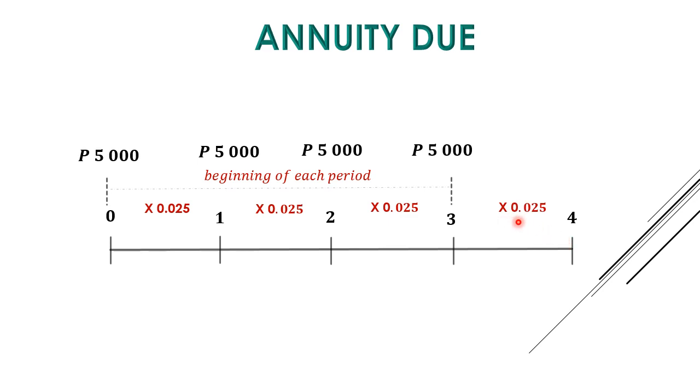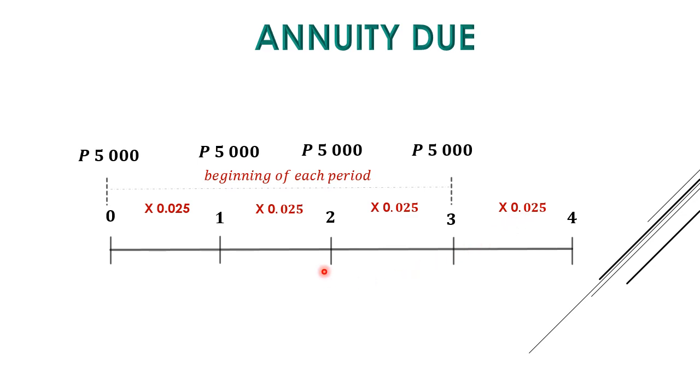Unlike the ordinary annuity, where the last payment is really at the end of the last quarter, so there are no months or days left that need to be covered before the term ends. But in the annuity due, after the last payment, there are still 3 months left before the term ends. So that's why there's still interest on it.